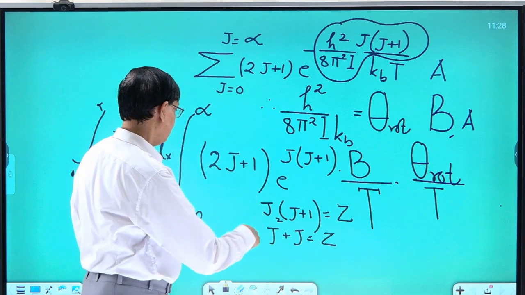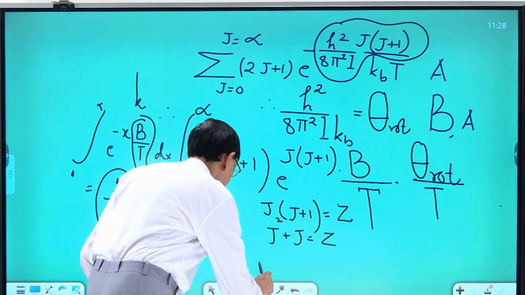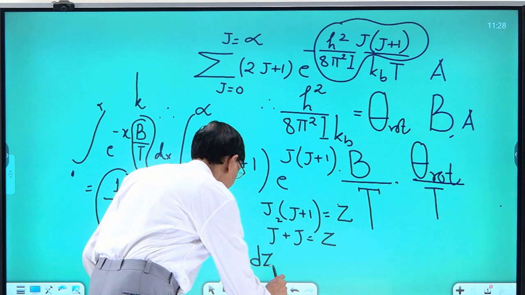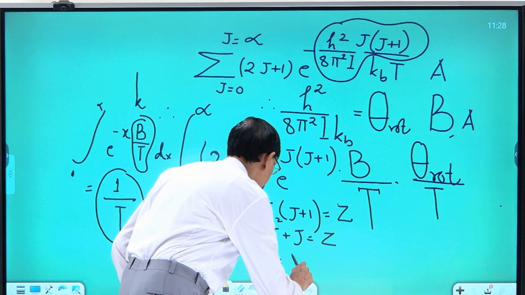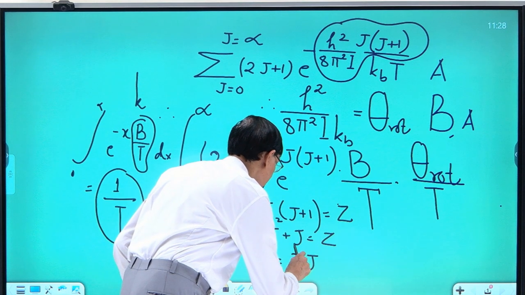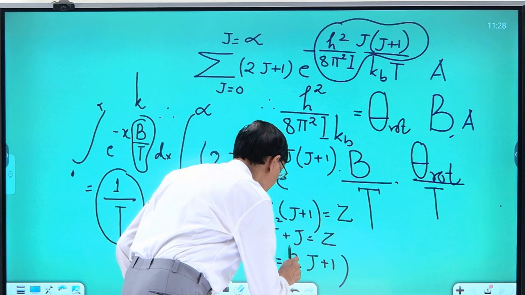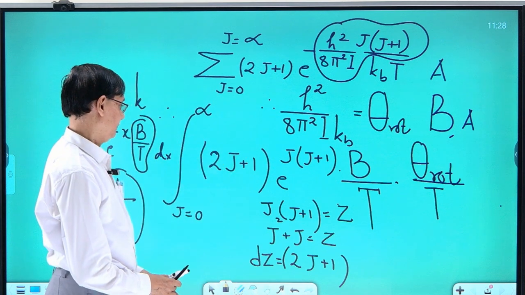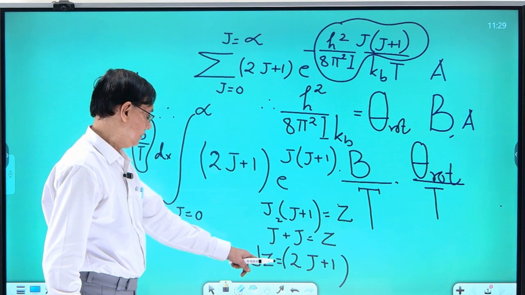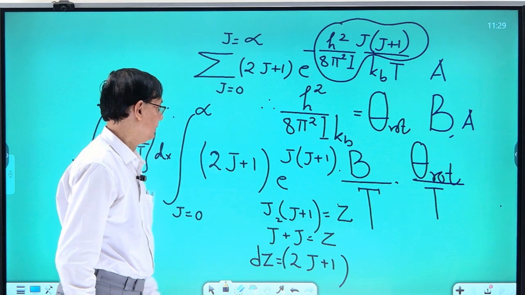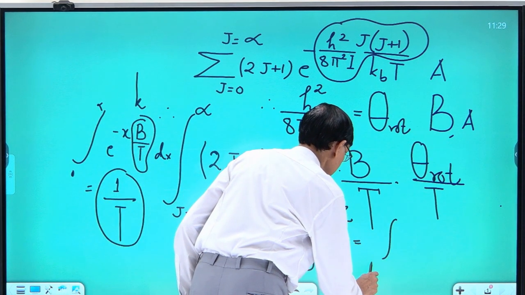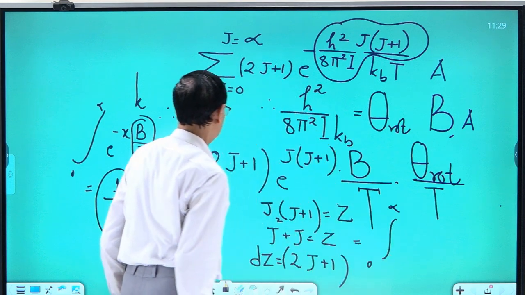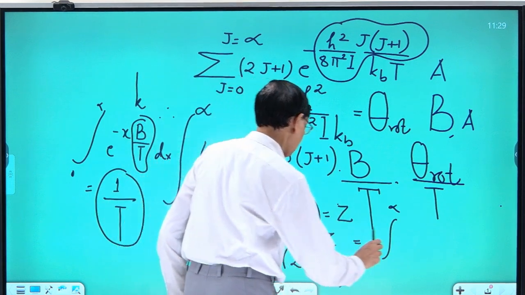So, if I take the differential form of this, what should I get? dz is equal to 2j plus 1 dj. So, what I can write here: 0 to infinity, in place of 2j plus 1, this is dz.